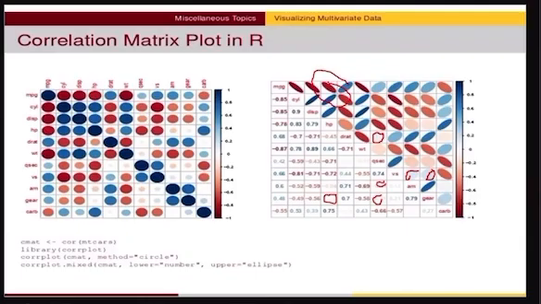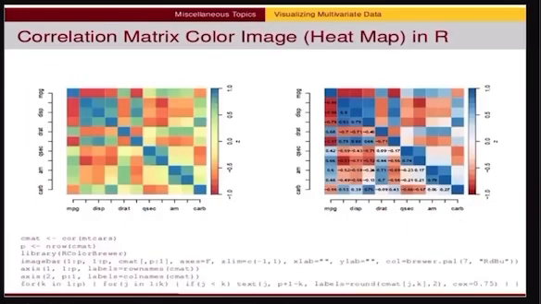You want to look at it in terms of color. The same thing here. It's another one, an image in heat map. When you look at it in terms of color, you can see some have high correlations and some have low correlations.